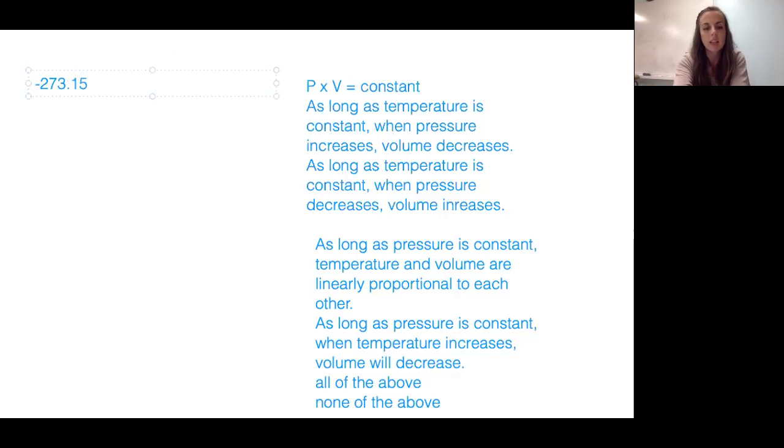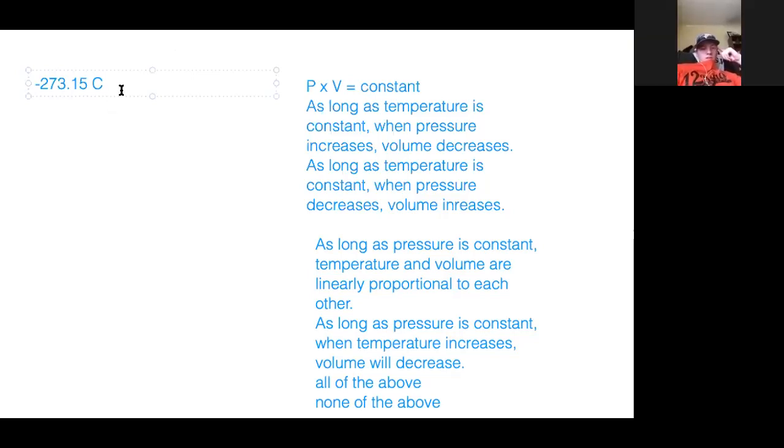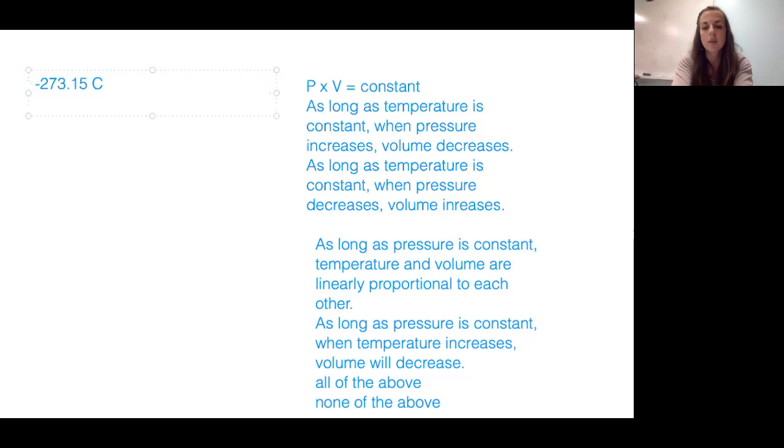Okay, what does negative 273.15 degrees Celsius, let me see if I can remember how to do degrees. Nope. Degrees Celsius, I'm just going to put C. What does that represent? Kelvin. Yes, it does represent, there's a couple options here. 0 degrees Kelvin, or 0 Kelvin, not really degrees. Absolute 0.